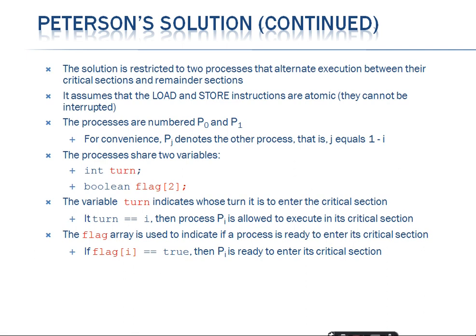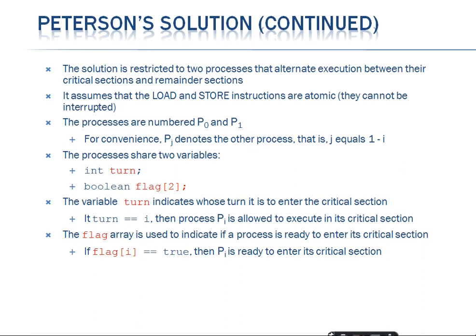These two processes are sharing two variables: turn, which is of type integer, and flag, which is of type boolean. If we declare a variable as boolean, it can have only two values, 0 or 1, or true or false. The variable turn indicates whose turn it is to enter the critical section. If turn equals i, then process Pi is allowed to execute in its critical section.